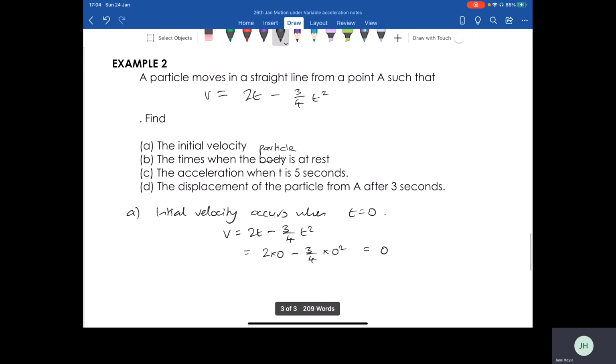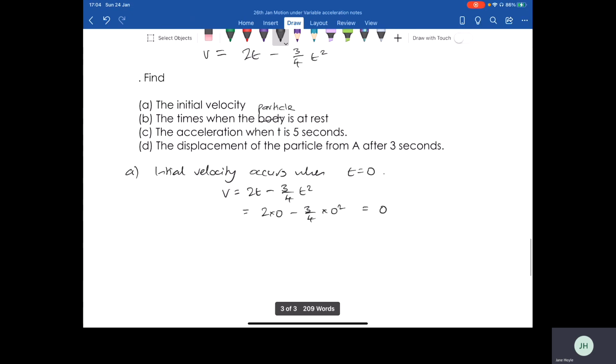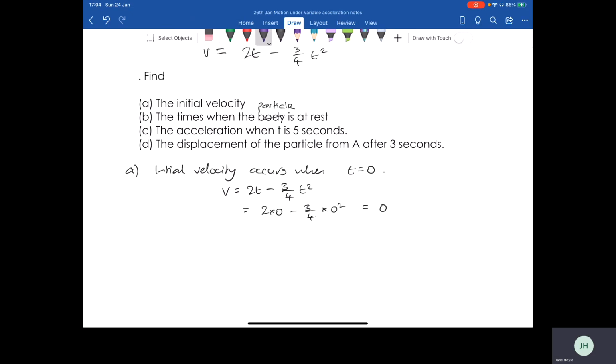Right, so when the particle is at rest, of course, it's not moving. It's got a 0 velocity. That really is code for the velocity being equal to 0.